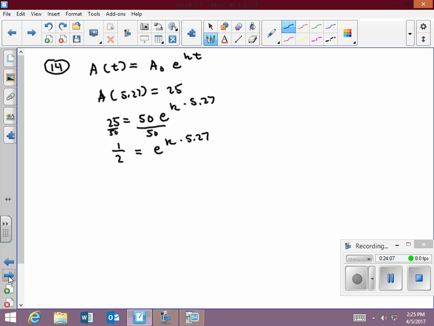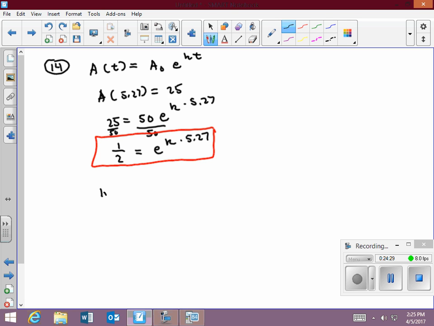Now if you look at this, it isn't the answer, but how are you going to solve for k? Do an actual log. Okay, do an ln of both sides.